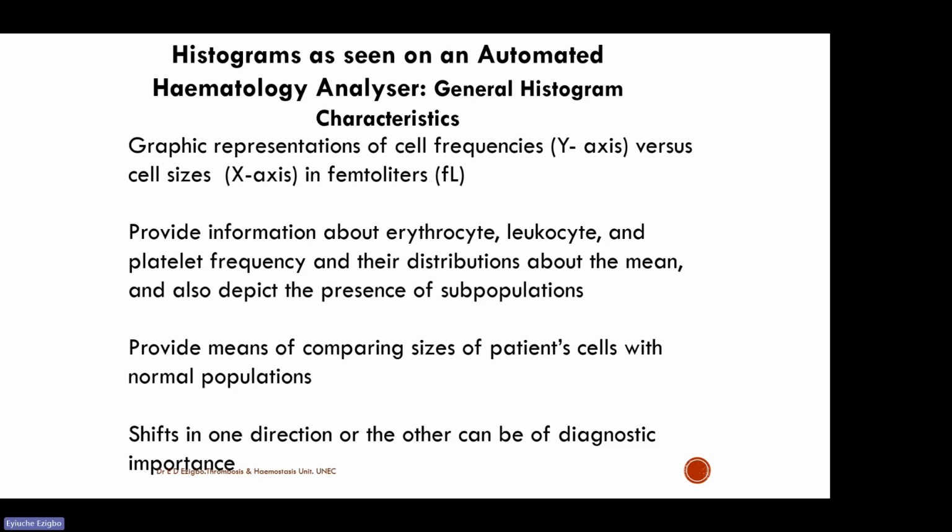The x-axis represents the size. They provide information about erythrocyte, leukocyte, and platelet frequency and their distribution about the mean, and also depict the presence of subpopulations. They provide means of comparing sizes of patient cells with the normal population. A shift in one direction or the other can be of diagnostic importance.